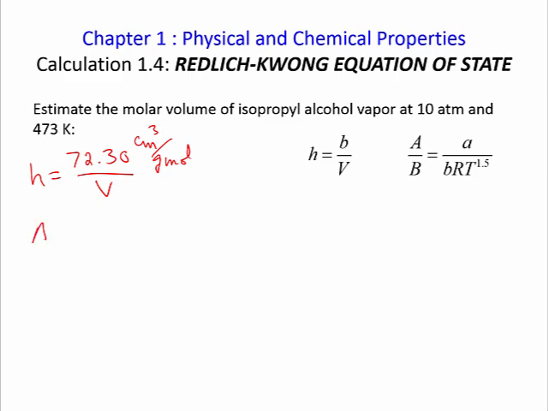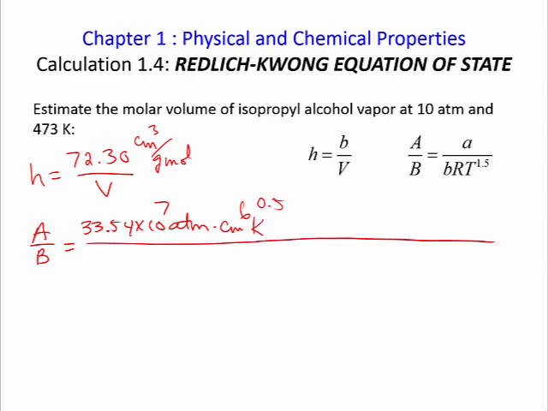Also, the value for A over B equals small a, 33.54 times 10 to the power 7 atmosphere centimeter 6 Kelvin 0.5 divided by gram mole squared.